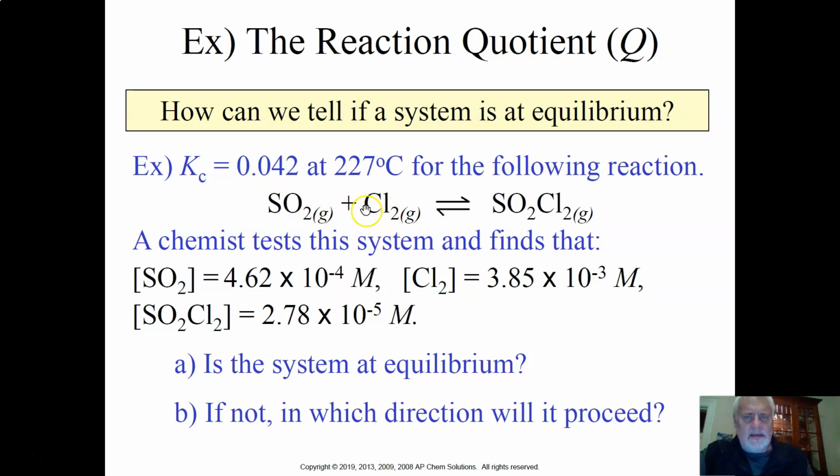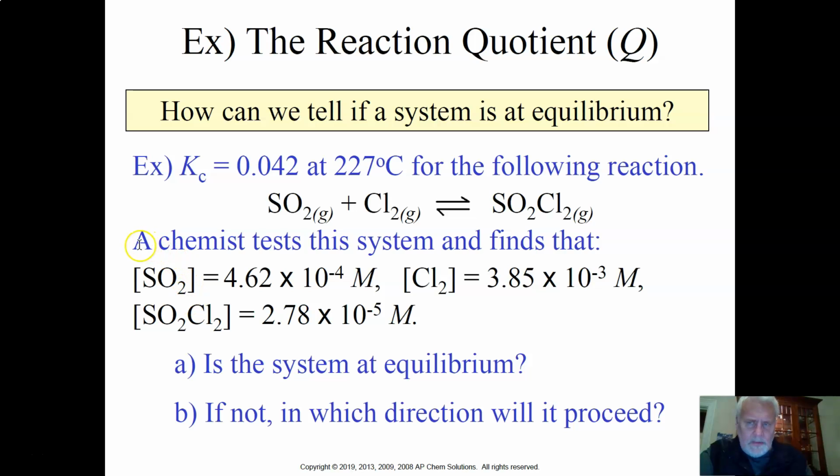Tend to lean toward that side. The temperature is interesting information, but we do not need that. It's the temperature at which they calculated the Kc, so you don't want to be varying that because then your Kc is going to be messed up.